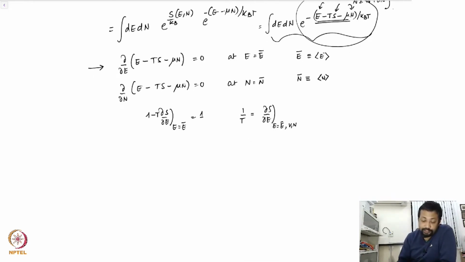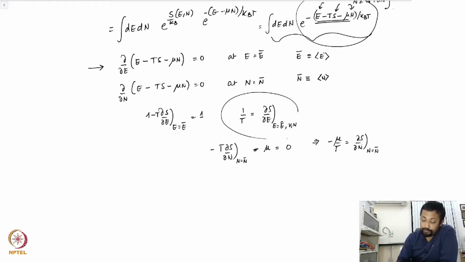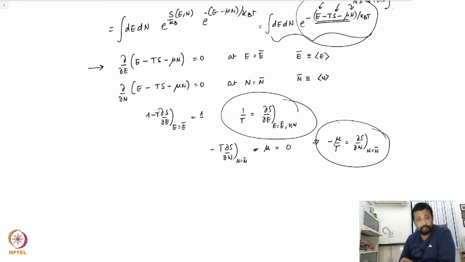The second relation gives you T del S del N at N equal to N bar minus mu is equal to 0, which implies minus mu by T is del S del N at N equal to N bar. So you recover the two thermodynamic relations.